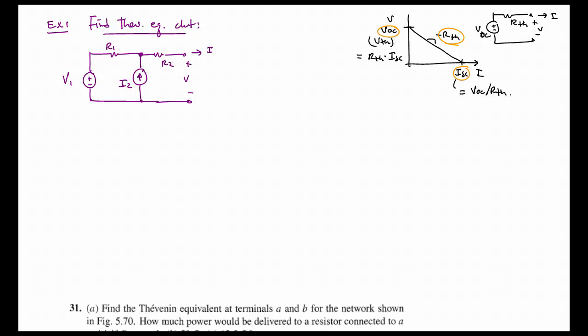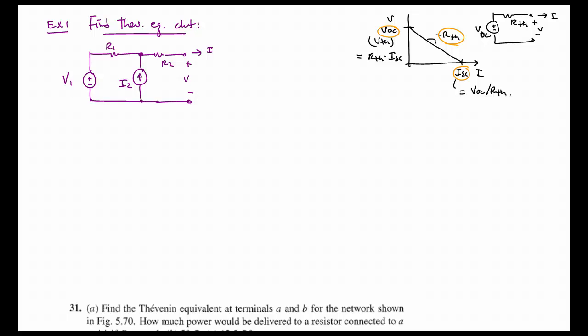But the way that you come about those can be either through finding them directly, or you could find the Thevenin resistance and the short circuit current, or you could find the open circuit voltage and the short circuit current, right? You can find any two of those, whatever two are easiest to find, and then use those to get to your open circuit voltage or Thevenin voltage and Thevenin resistance.